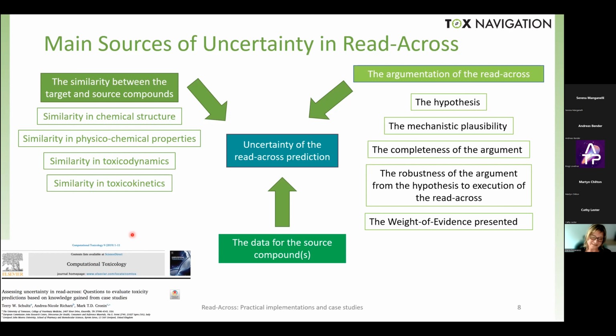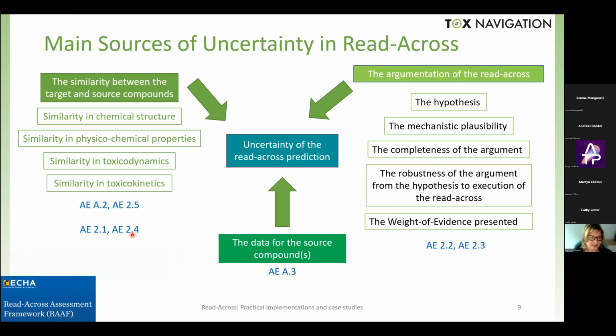What I find interesting is that these elements that came from these case studies are reflected in the assessment elements of the read-across assessment framework. For those of you who are not familiar with the RAF, it is a framework that was published by ECHA, but it was developed for the ECHA scientists themselves because they had to assess the reliability of different read-across studies.